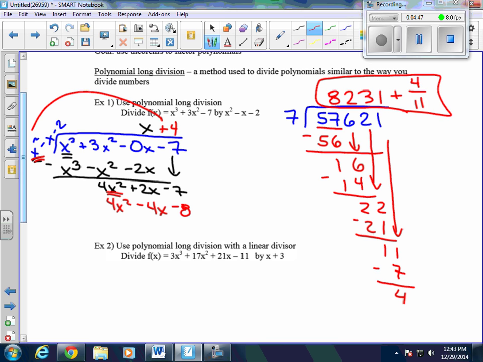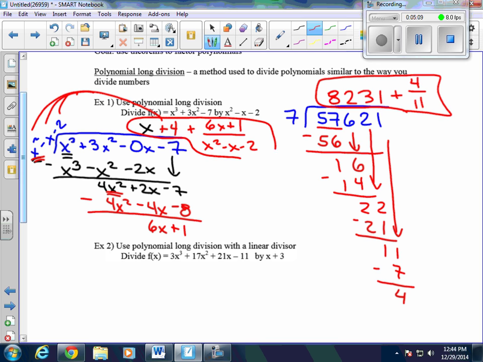Again, we're just doing the distributive property here with those numbers. So now we subtract those two, and those are gone. We're going to get 6x plus 1. And so we're going to have plus 6x plus 1 over x squared minus x minus 2. And so here is our answer when we do the long division.